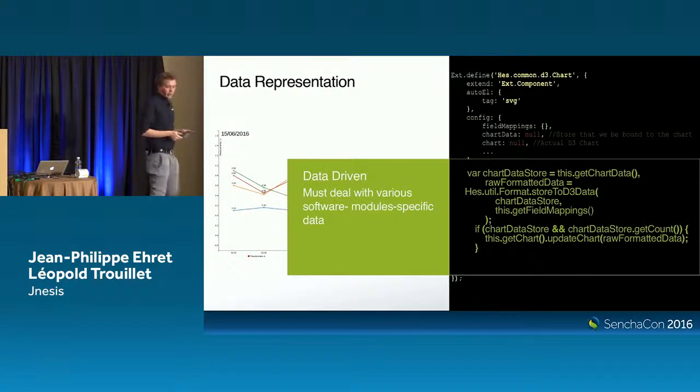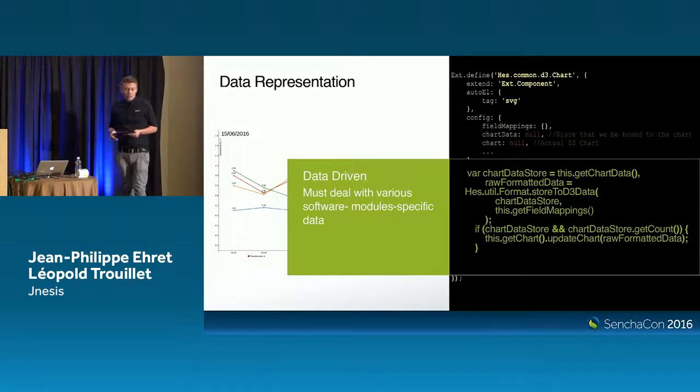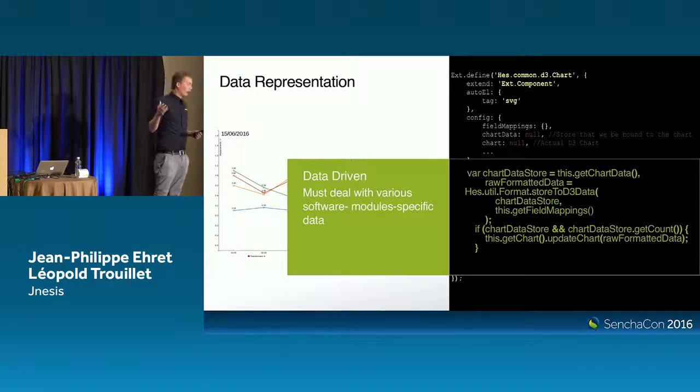and what we wanted to show you in that slide is the data-driven part of it. In fact, we will take an Ext JS standard store, and we will map its data into a flat array, and we will map the fields of our store to match what is expected by the D3 chart.